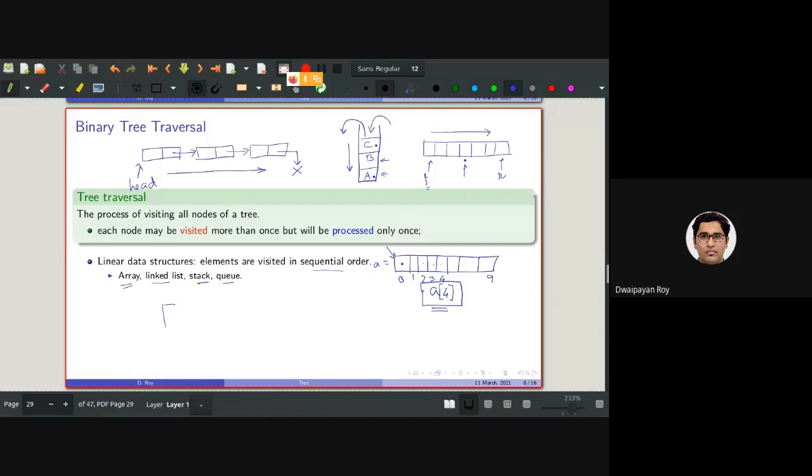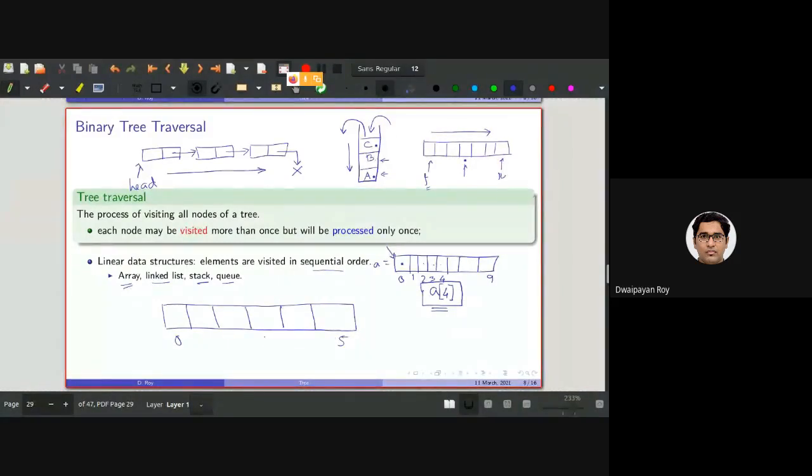Let's consider the memory representation again for the array. Say it contains 6 elements, from index 0 to 5.